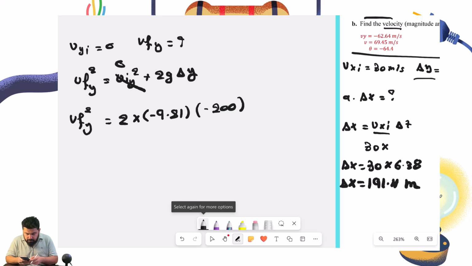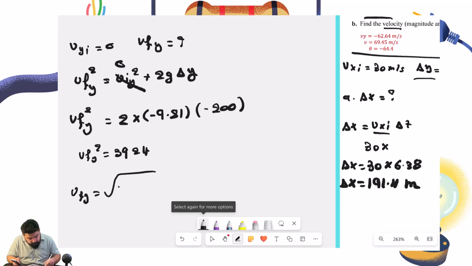So I get Vy final squared is equal to 3,924. Take the square root, guys. Okay, so Vy final is equal to square root of 3,924.